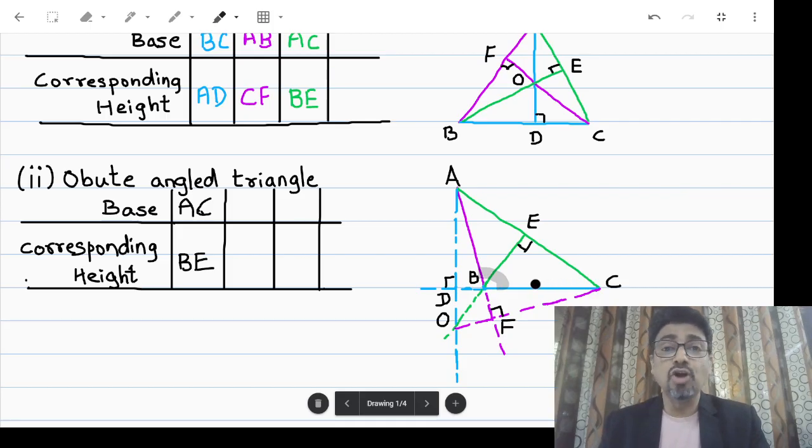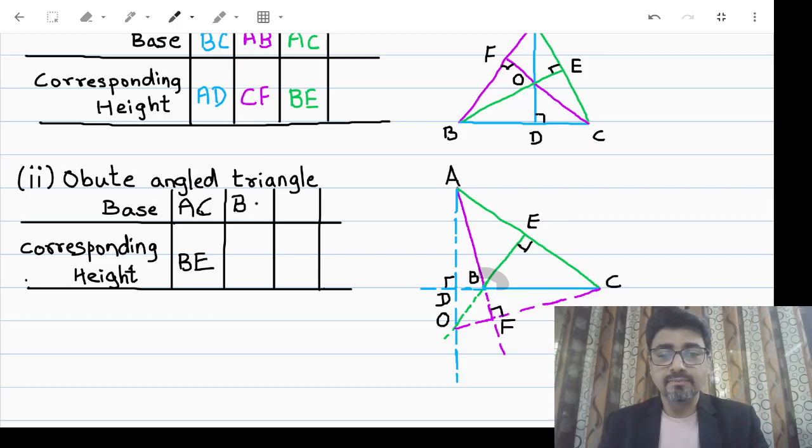Mind you students, you will not say the side DC because point D is outside. The point D I am taking only as the point for height AD. So I will write for the base BC, the height is AD.